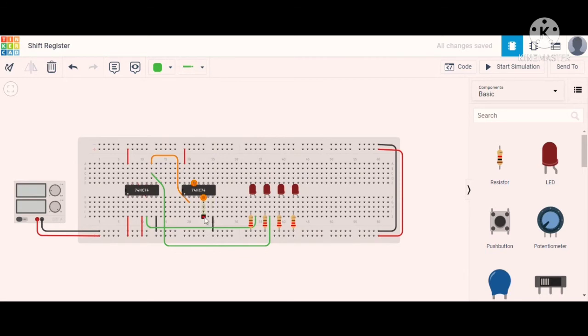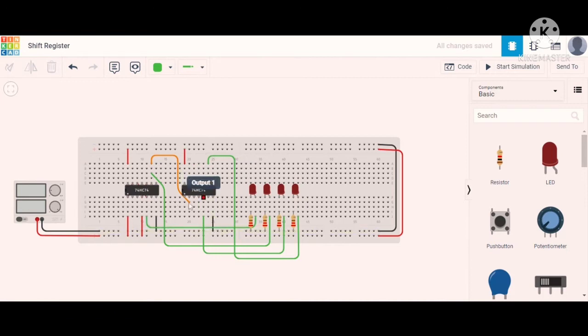Here this one is the output, this one is the input, and this is the output of the fourth flip flop, and that output of the fourth flip flop we now connect to the LED, that is connected to the output like this.